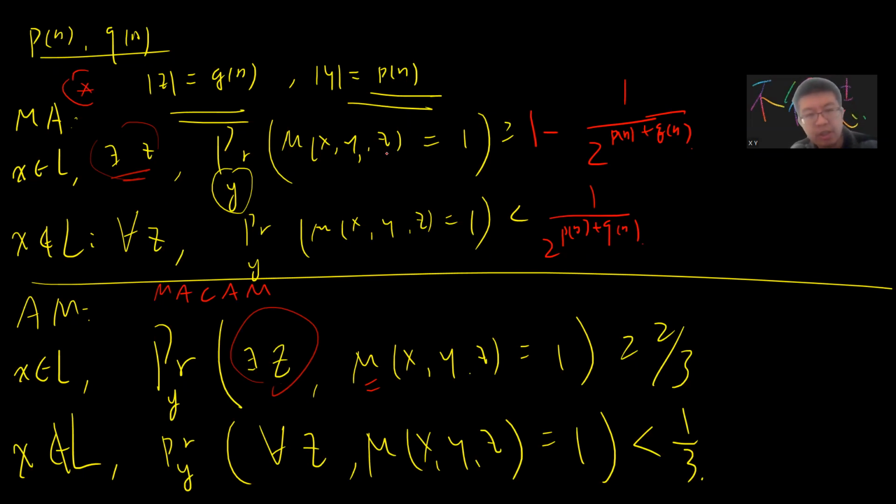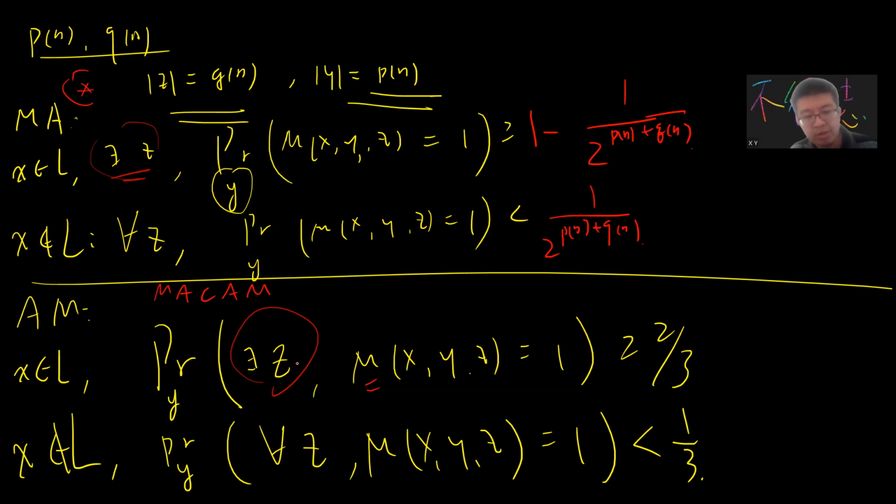So obviously, you fix z. There is a z such that the probability of M(x,y,z) being 1 is very high. If Merlin sends the same z as before, then Merlin always sends this z, and for this z, the random bit string will have this high probability.